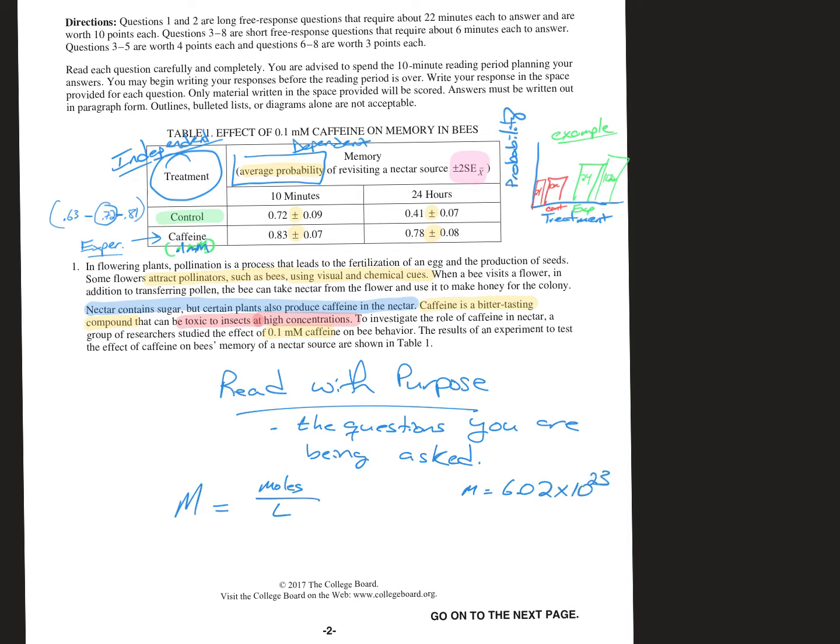It could be anything: number of atoms, number of molecules, number of shoes. But it's a very large number. And so millimolar is 1,000th of that, right? And 0.1 millimolar is even 1/10 of 1,000th of a mole of caffeine. So a very small amount of caffeine.